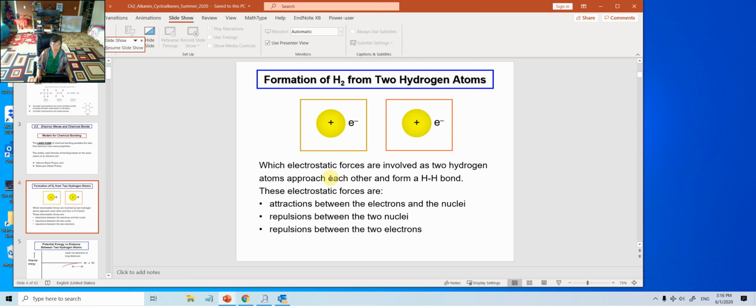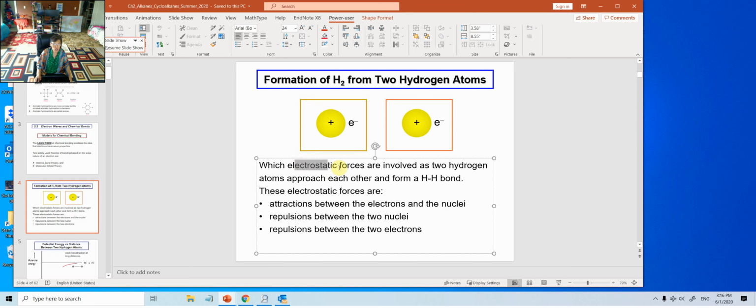So here we can see, due to the electrostatic forces, two hydrogen atoms approaching each other, initially an attraction is going to occur, the attraction between the electrons and the nucleus. So that's the driving force for the hydrogen atoms to approach each other to form a bond.